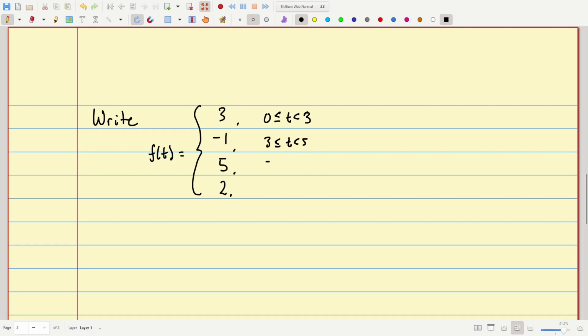Okay, so what I'm writing down here is a piecewise constant function. It's 3 between 0 and 3, -1 from 3 to 5, 5 from 5 to 9, and 2 beyond 9.